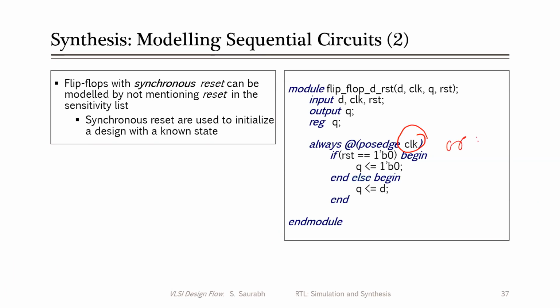Earlier we had "or negedge reset", but we are not writing that here, and this reset is happening only when the clock edge is occurring, and that's why it is a synchronous reset.